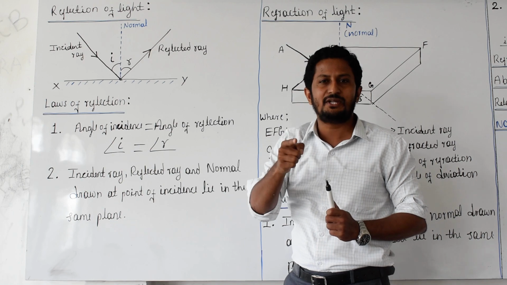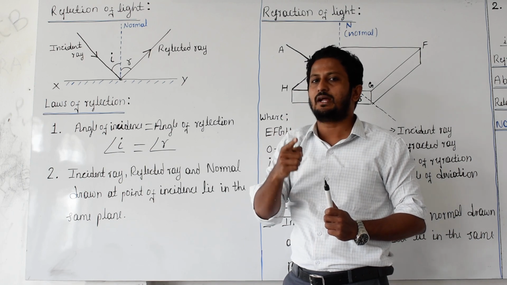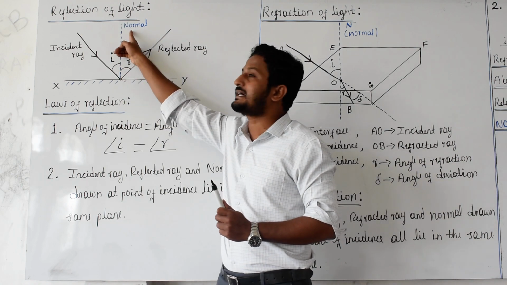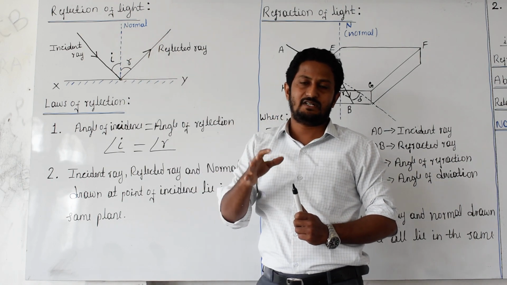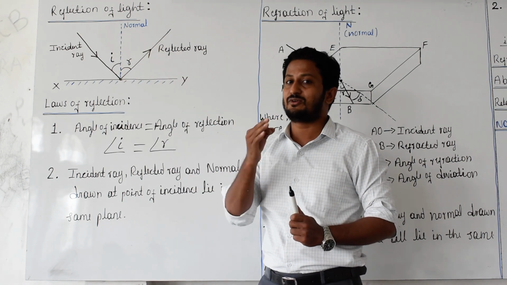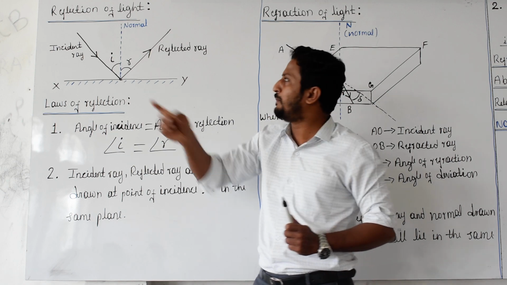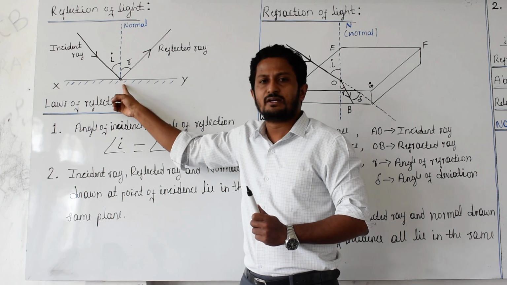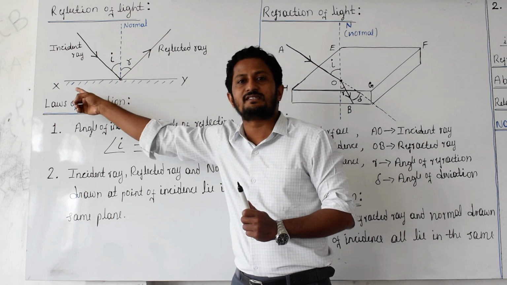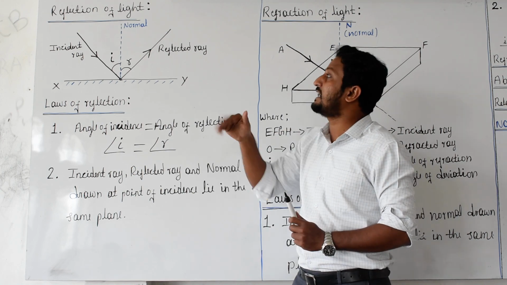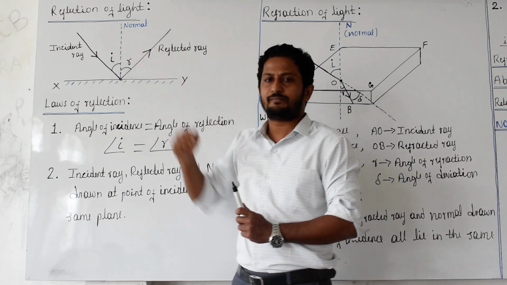That perpendicular line drawn at the point of incidence is called the normal. It's very important. While drawing the diagram, you must draw a perpendicular line at the point of incidence to that interface. Thereafter, draw that normal.